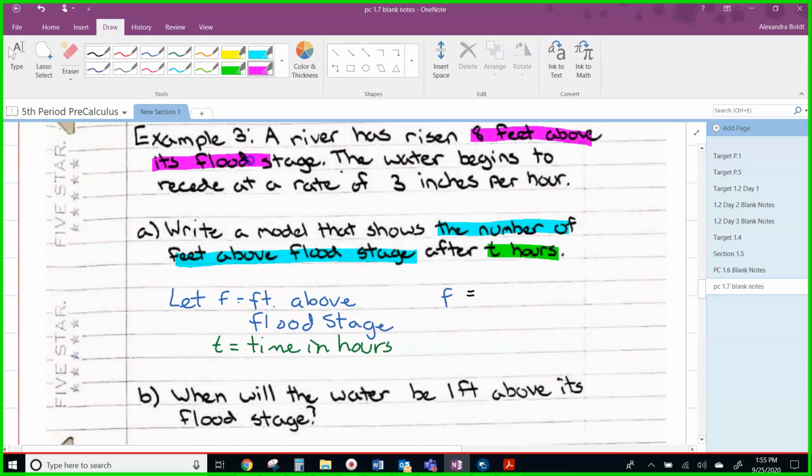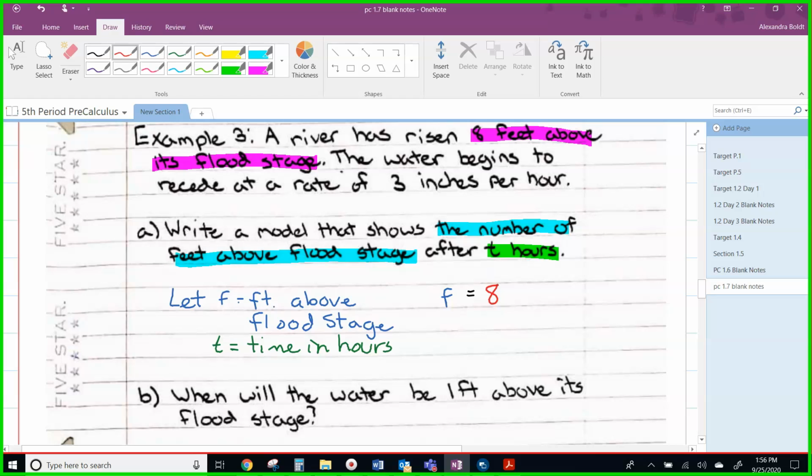That's its starting point. So it's at 8 feet right now. In another hour, I'm going to take away 3. Then after another hour, I'll take away another 3 inches. Then after another hour, I'm going to take away another 3 inches. So every hour, I'm taking away so much.